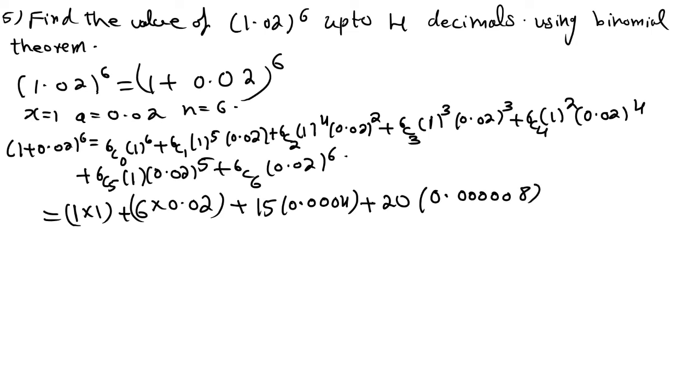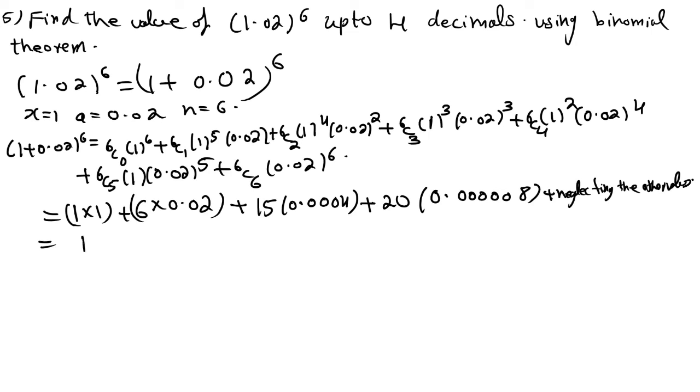Then next plus 6c4, calculate 6c4 equal to 6c2, right, so it's equal to 6 into 5 by 2 into 1, 2 1s are 2, 3s are 5, 3s are 15 into 0.02 to the power 4, plus neglecting the other values. Okay, if possible, use the calculator and simplify, or simply write neglecting the other values.